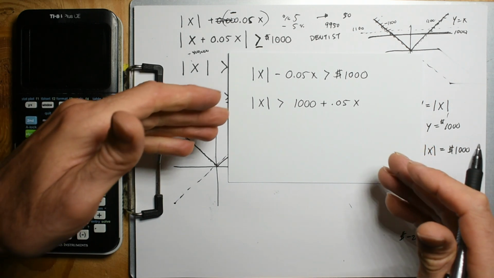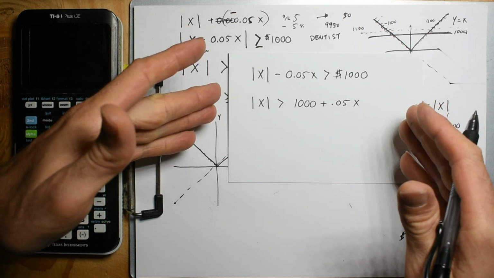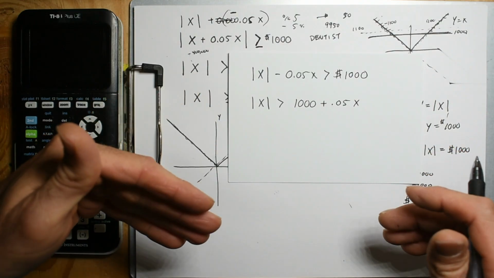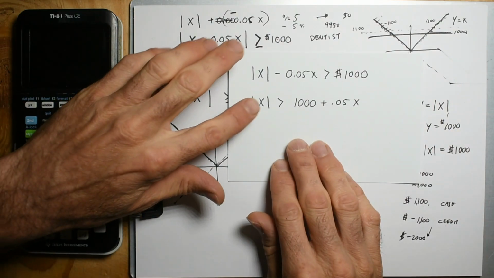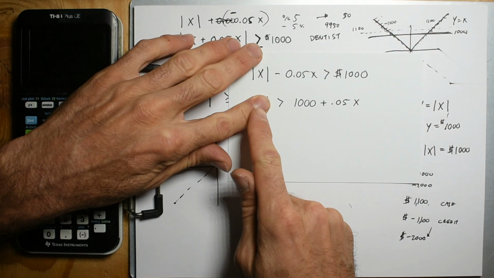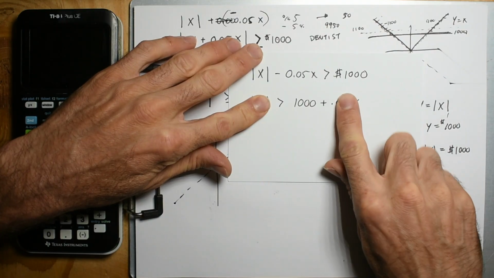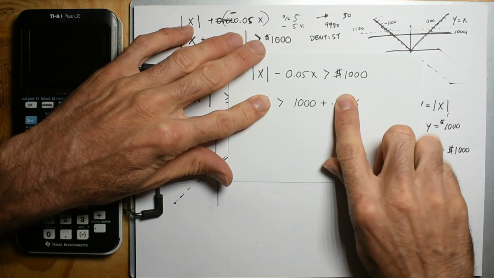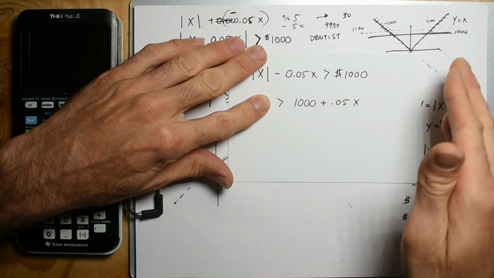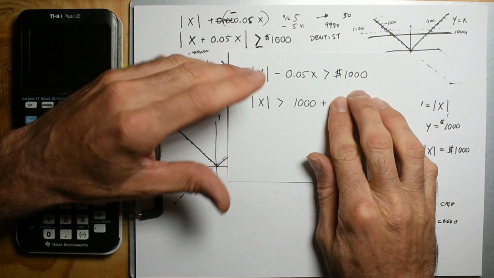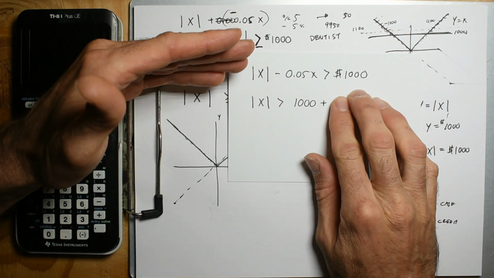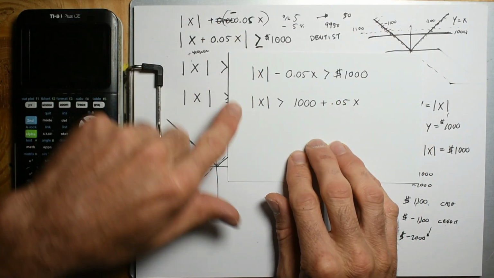All right, that was a little confusing there, but one thing you can do is just throw in a value of 0. If I throw in 0 here, is 0 greater than 1,000? No. So at least we have one that doesn't work. Is there one that will work? Let's say I put 1,000 right here.